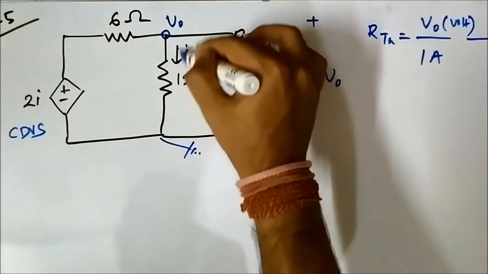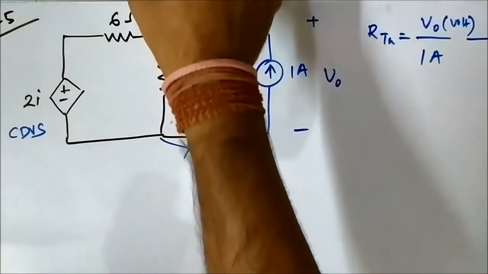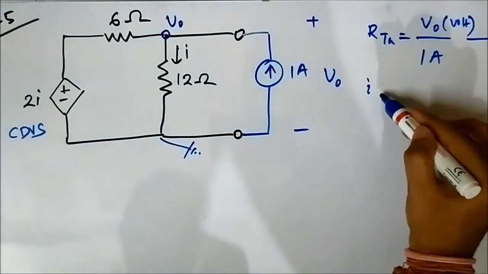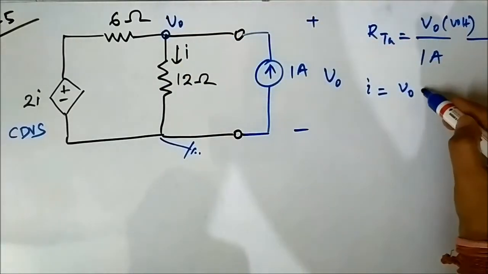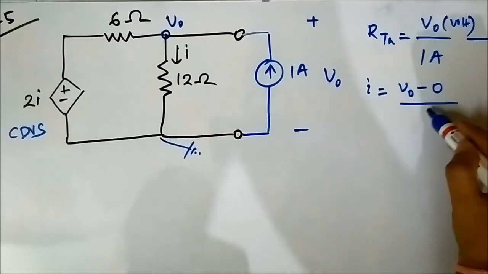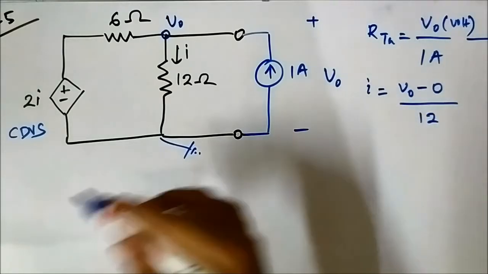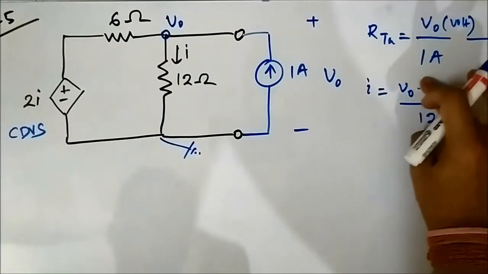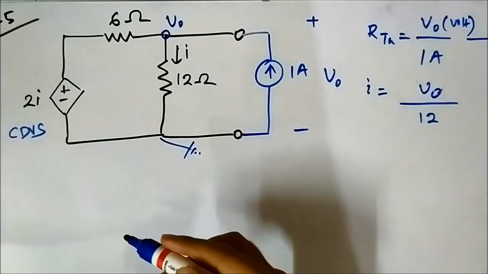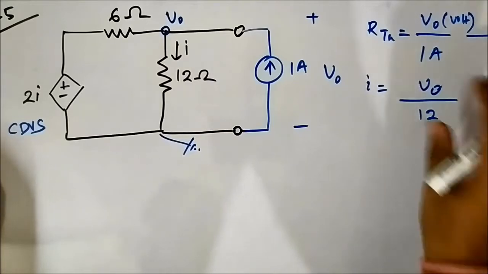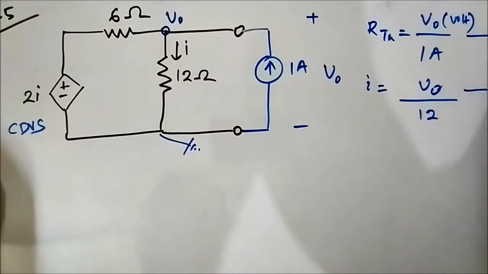The current I is flowing downwards, so I will be equal to higher potential minus lower potential, that is ground, by the resistance involved, which is 12 ohm. We can simply say it is V0 by 12. This is an important relationship.